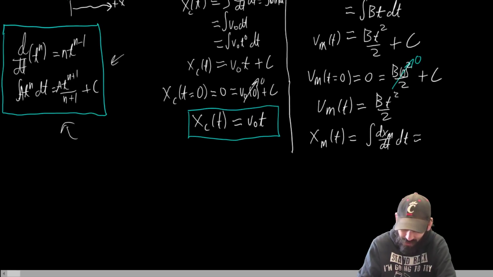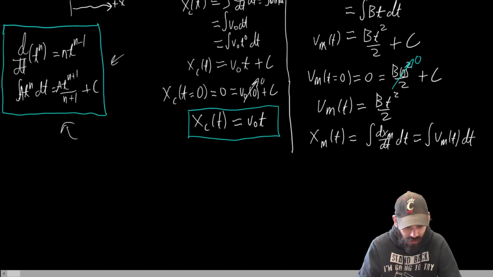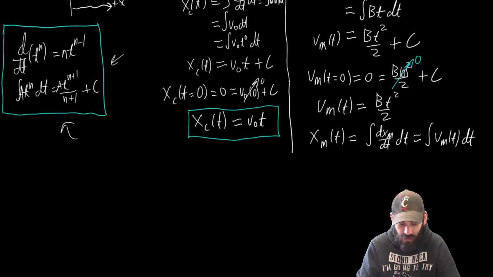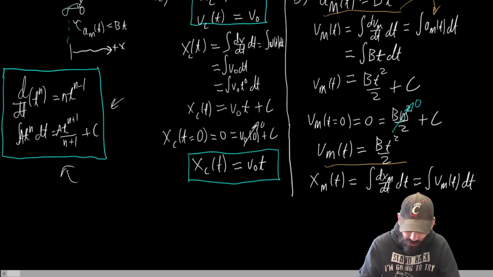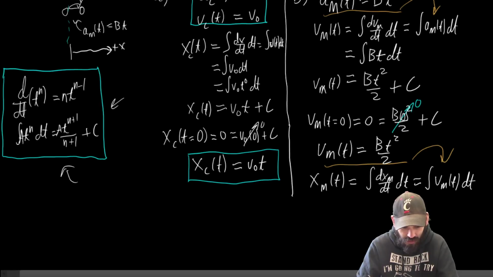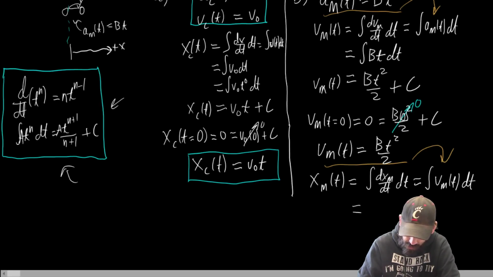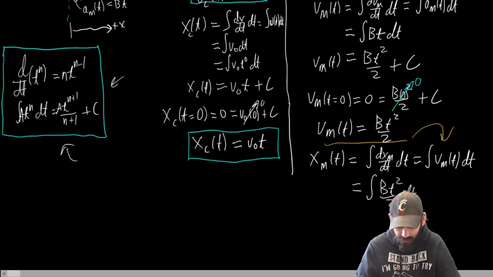It's a little late when I'm filming this and I'm second guessing myself a little bit, but this is correct. This is going to be equal to the integral of v_m(t) dt. Take this part right here and plug it in right there, and so this is going to be equal to the integral of bt squared over 2 times dt.